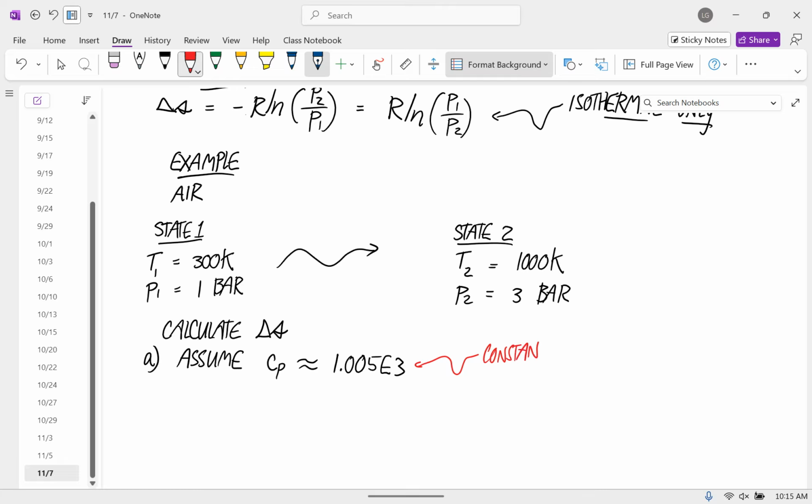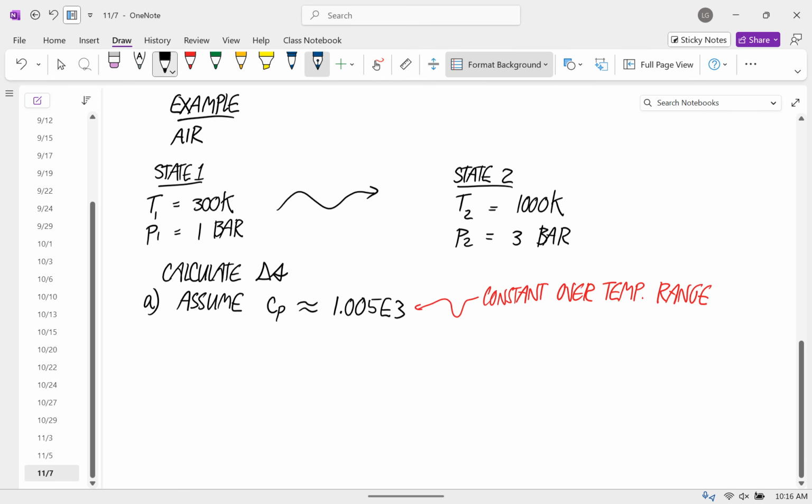We're going to assume that that's just constant over our temperature range. And then second, we're going to use the S superscript 0 from the air ideal gas tables.